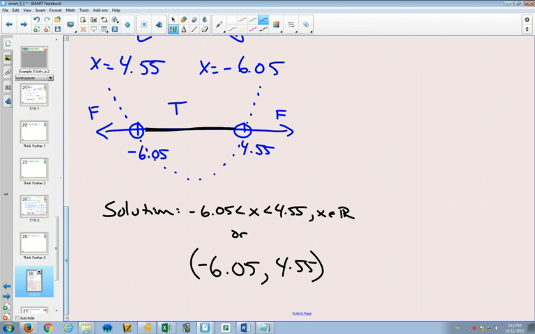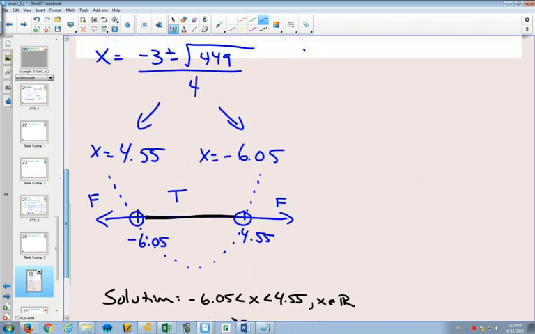Some cultures, instead of using round brackets this way, like French immersion, do it with the square brackets backwards. So if you're coming from French immersion, you would have written it that way. You might not have done interval notation yet.